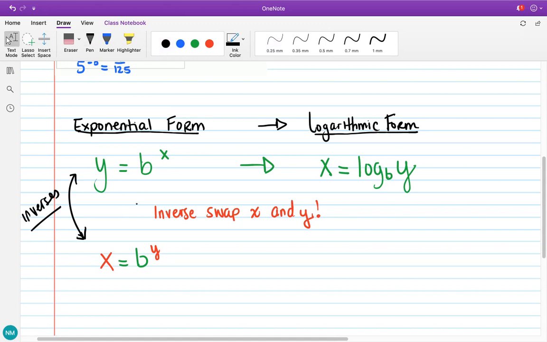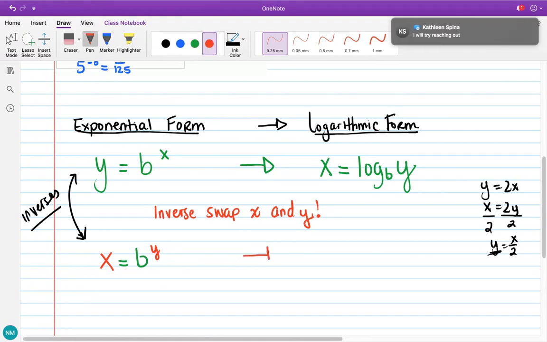But when we did inverses, if you remember, if we had something like y equals 2x, we swapped it and got x equals 2y, we had to solve for y. And so we got y equals x over 2. So this is not solved for y. So I'm going to move it to logarithmic form.